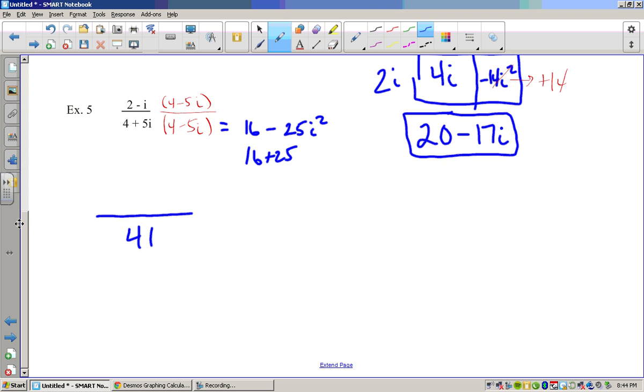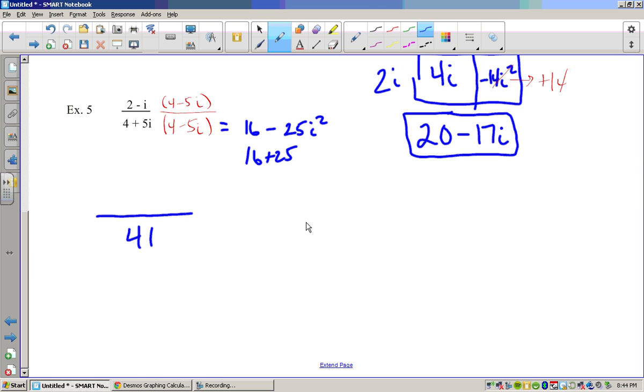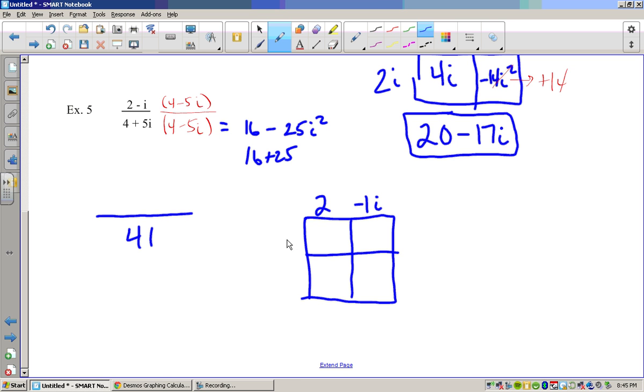Final thing I have to deal with is the top, my numerator. Well, we're going to go back and do the same process we did in example 4. Set up your little 2 by 2 box, and then combine your like terms. So we'll make our box real quick here. Put your parts 2 and a negative 1i, and a 4 and a minus 5i. And we'll multiply those pieces together.